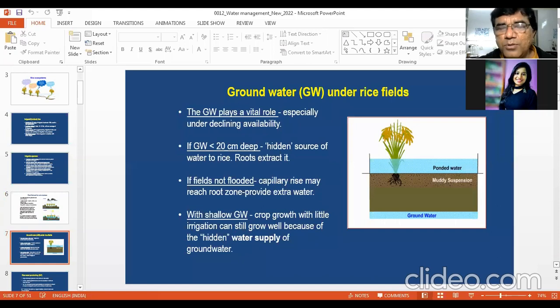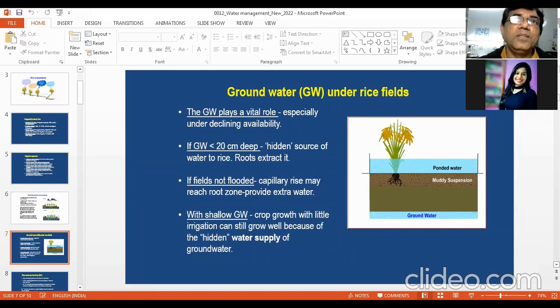Now see how groundwater can contribute towards water requirement. It is very, very important, particularly in the light of declining water availability. Remember, if groundwater is very shallow, less than 20 centimeter deep, it is a hidden source of water that rises during the wet season. Roots extract the water.